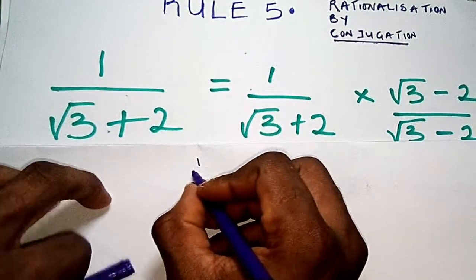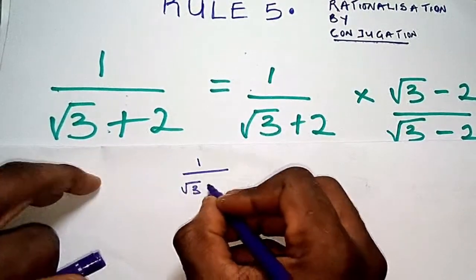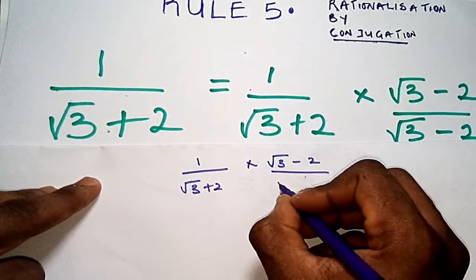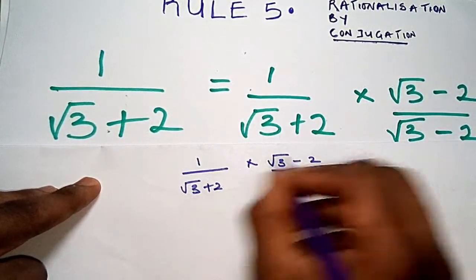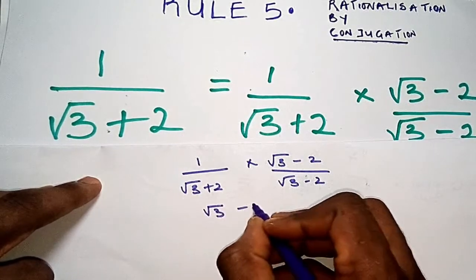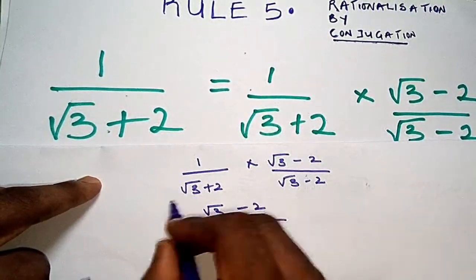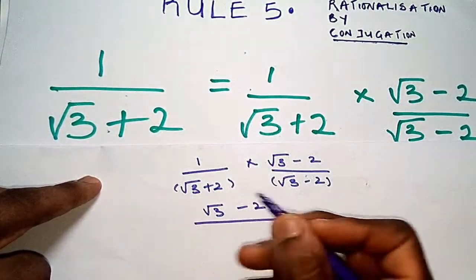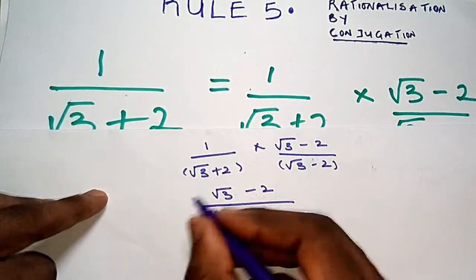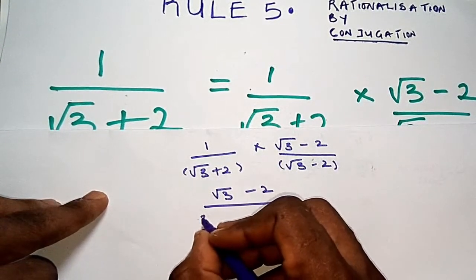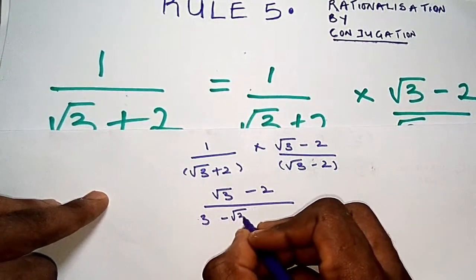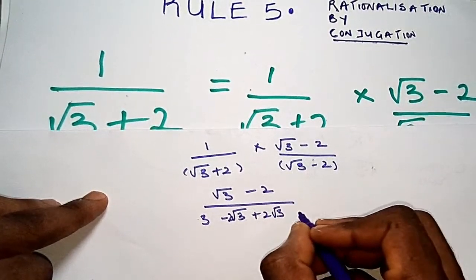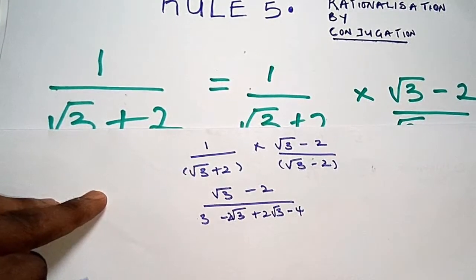So 1 over root 3 plus 2, times root 3 minus 2 over root 3 minus 2. This is going to give us root 3 minus 2 over, if we distribute this, we're going to have 3 minus 2 root 3, plus 2 root 3, minus 4.